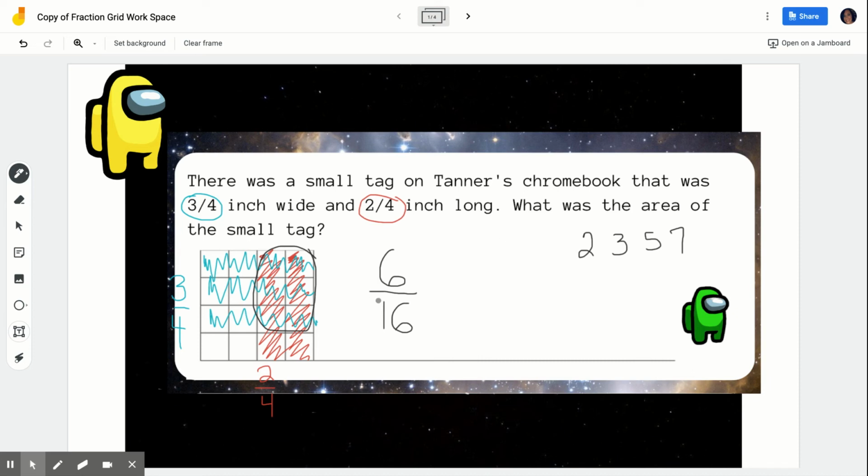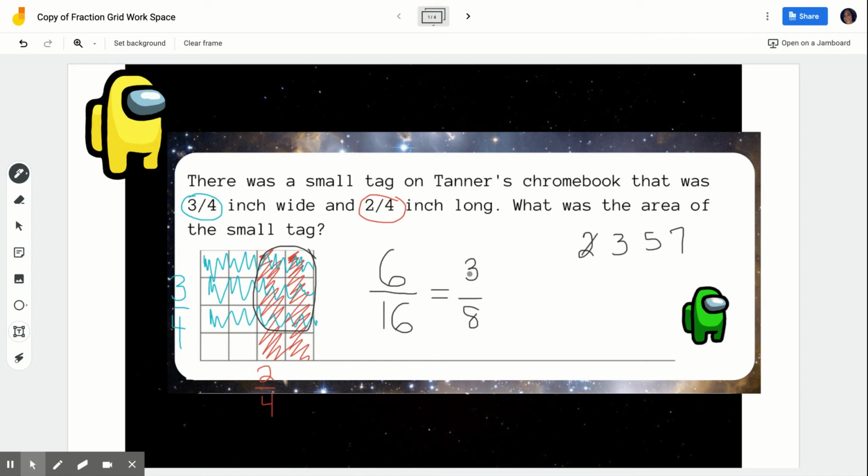So we'll start here with 2. 6 divided by 2 is 3. And 16 divided by 2 is 8. So remember, we divide until we can't divide anymore. So can I divide both numerator and denominator by 2?